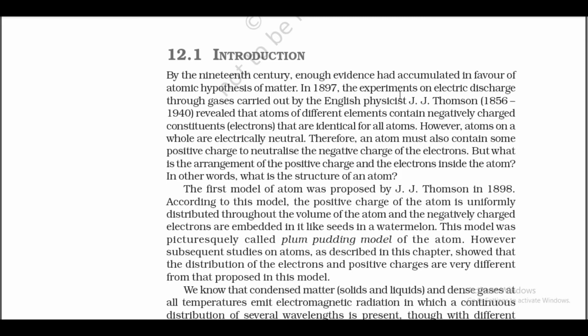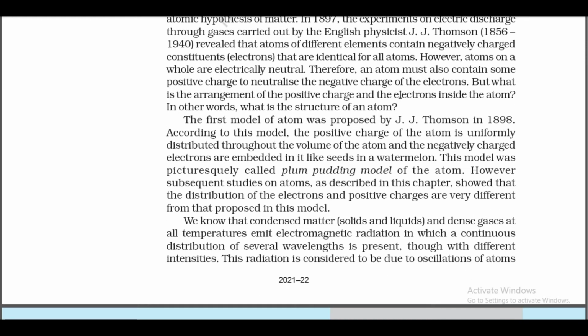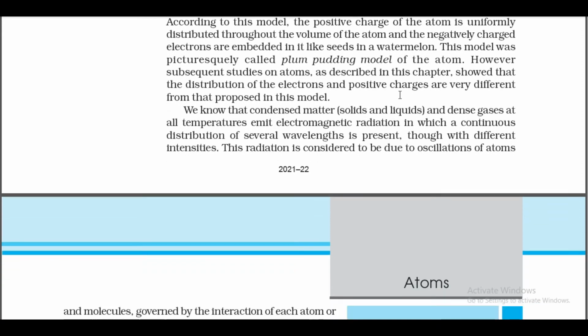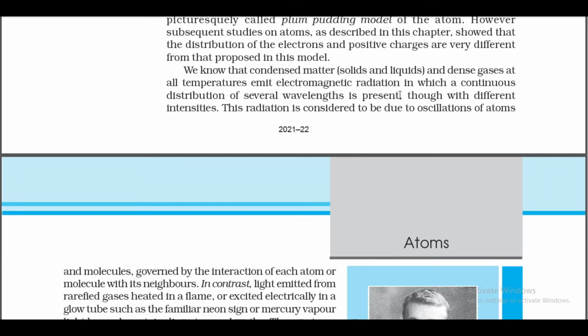However, subsequent studies on atoms, as described in this chapter, showed that the distribution of the electrons and positive charges are very different from that proposed in this model. We know that condensed matter, solids and liquids and dense gases at all temperatures, emit electromagnetic radiation in which a continuous distribution of several wavelengths is present.